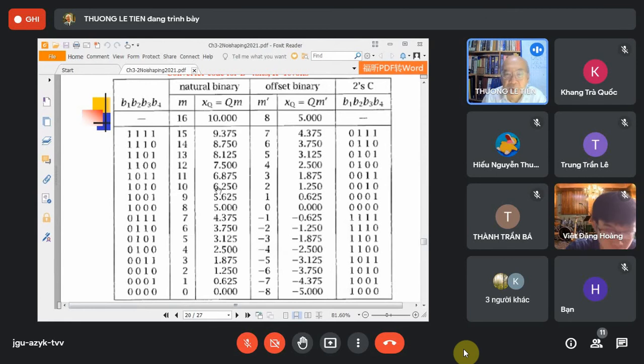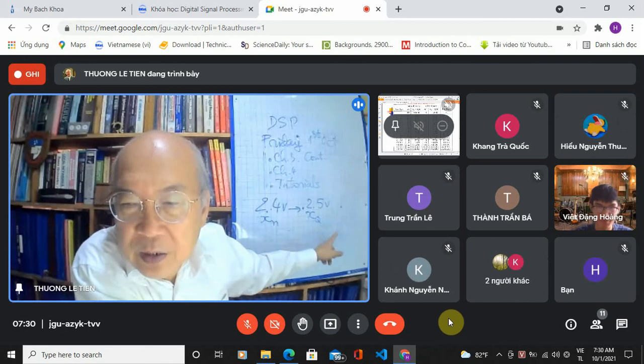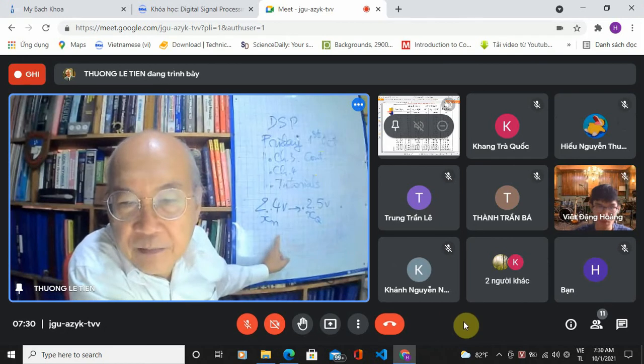Now, in the case if we want to convert 2.4 volts, always the first step, we have to round it, or we have to quantize the value of the ECM.